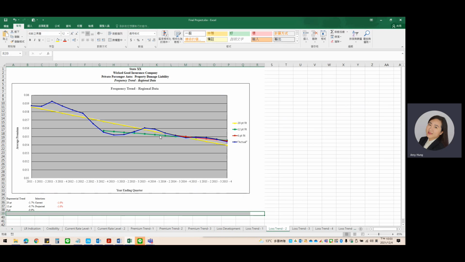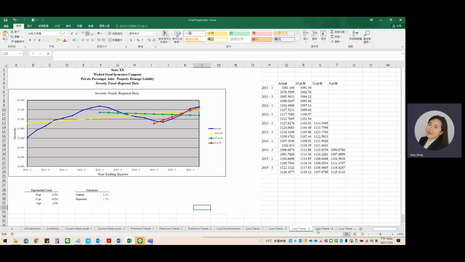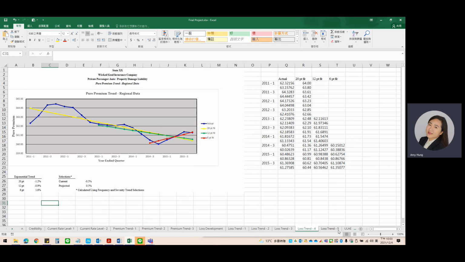Those are the graphs based on different point fits from 2012, 6, and then the actual value. We have the frequency trend here, severity trend here, and the pure premium trend here.